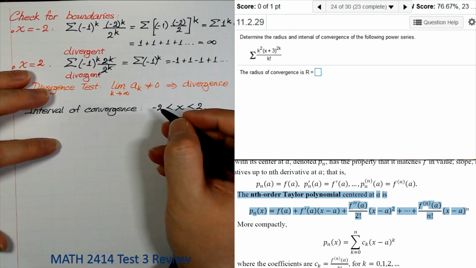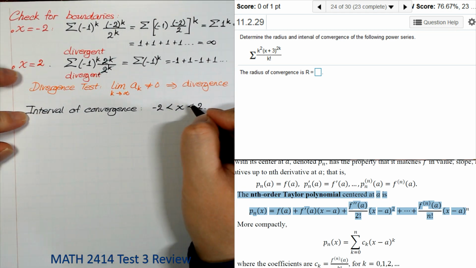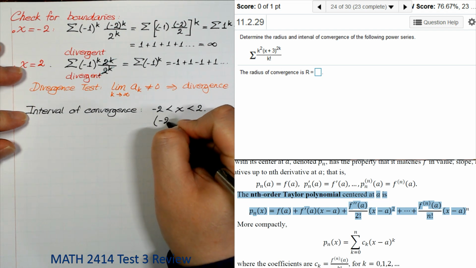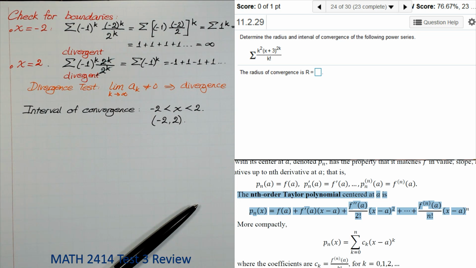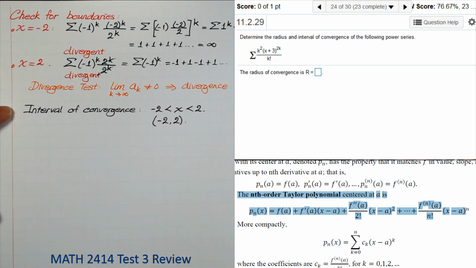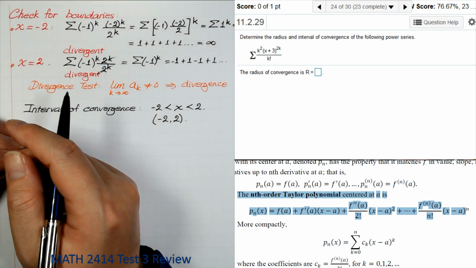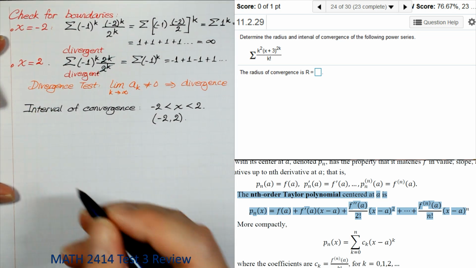It said when it asks for interval of convergence, I should actually put that in interval notation instead. But we have that. Right. Next, it also asks for radius and interval of convergence.